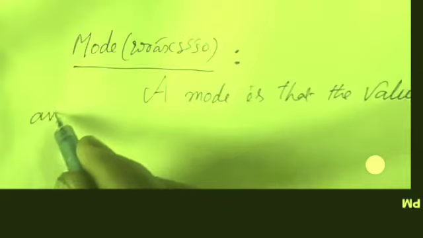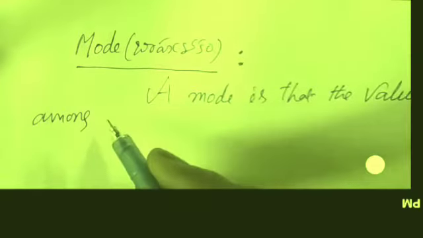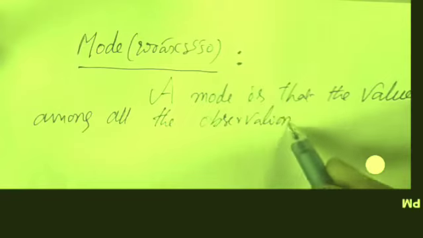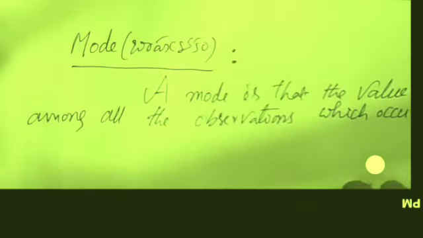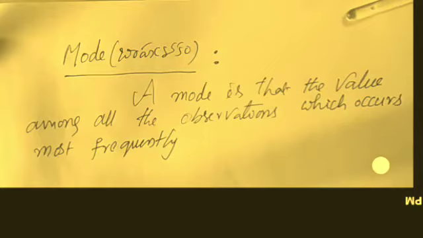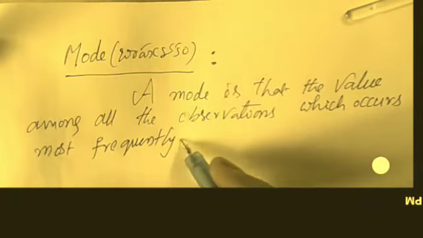A mode is the value among all the observations which occurs frequently, that means more than one time.